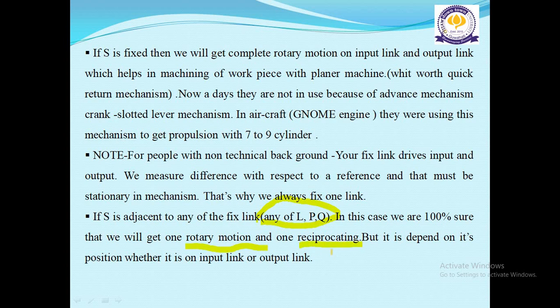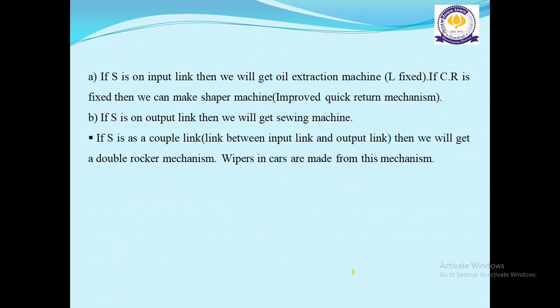But it depends on its position whether it is on the input link or output link. If S is on input link, then we get the oil extraction machine, L fixed. If CR is fixed, then we can make shaper machine, an improved quick return mechanism. Next, if S is on output link, then we will get sewing machine.